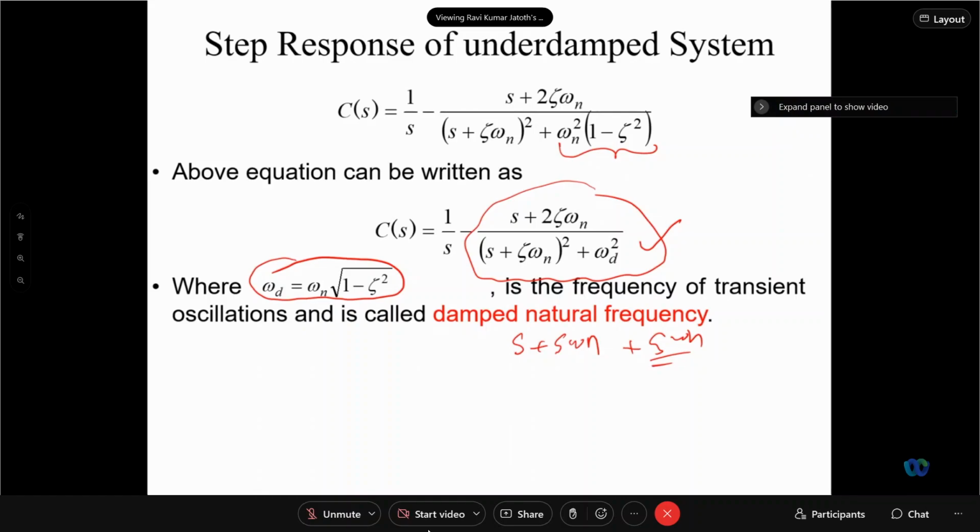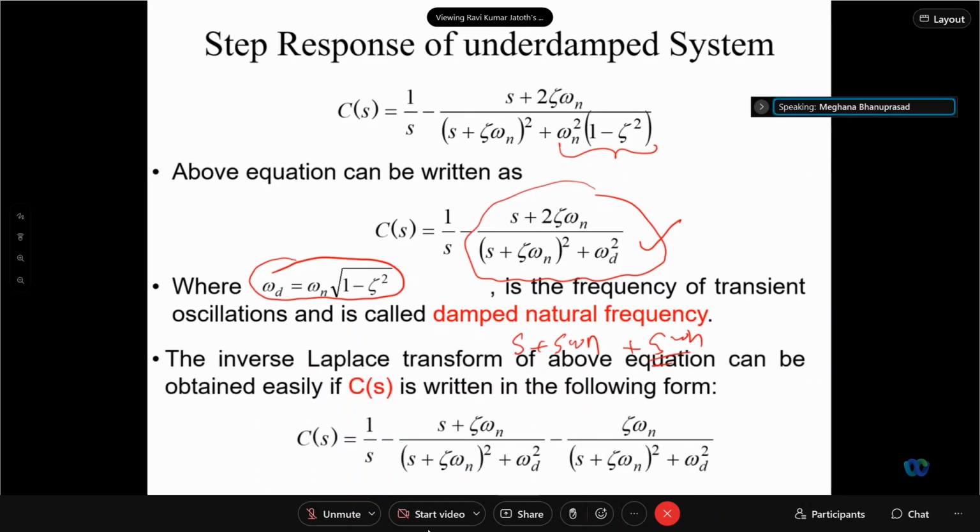Yes, sir. And then if I further do simplification: 1 by s, minus (s plus zeta omega n) by (s plus zeta omega n) whole square plus omega d square, minus zeta omega n by (s plus zeta omega n) whole square plus omega d square. I think this is a standard form for the inverse Laplace transform.